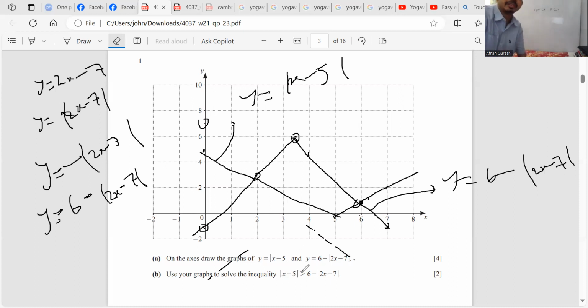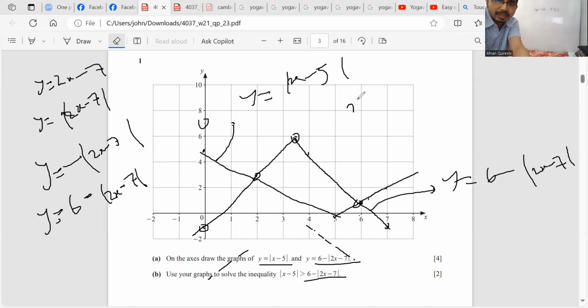Now, modulus x minus 5 is greater. It means, for what values of x does the graph of y is equal to modulus x minus 5 lie above the other graph? This is the point of intersection. In this section, we see that the graph of modulus x minus 5 is above.